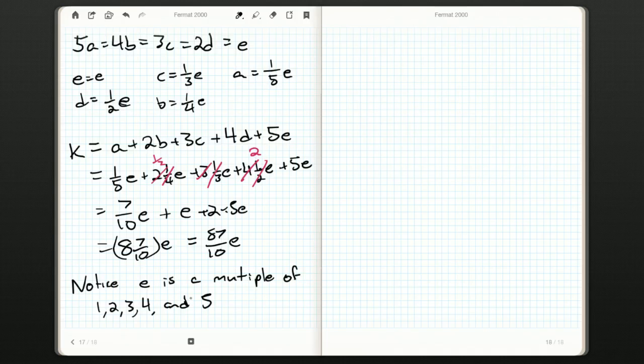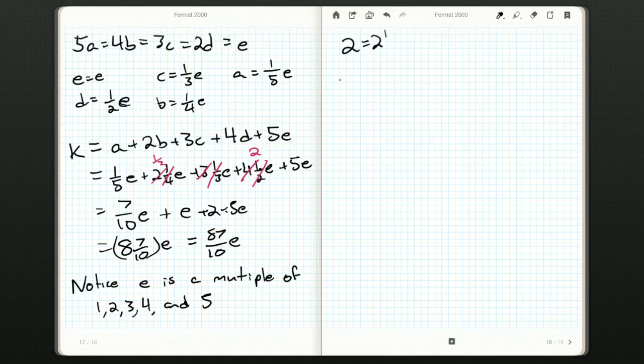So if we want to minimize K, we want to make E as small as possible. What does E have to be? Well, E really just needs to make sure that A, B, C, and D are integers. So we just need to have E be the smallest multiple of 1, 2, 3, 4, and 5. And that is 60, but let's see why.